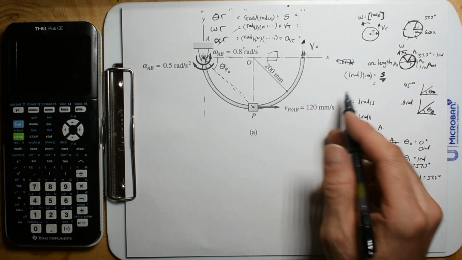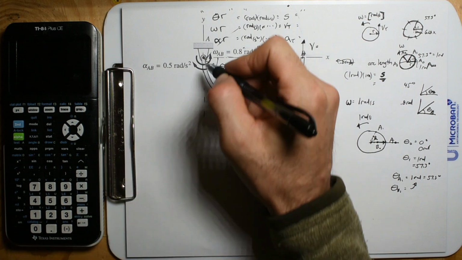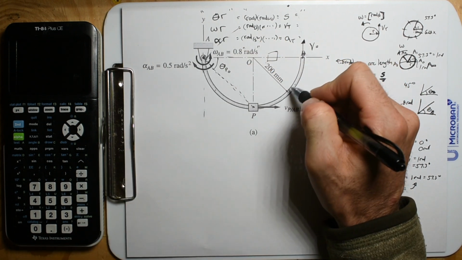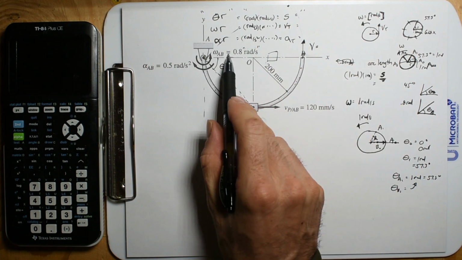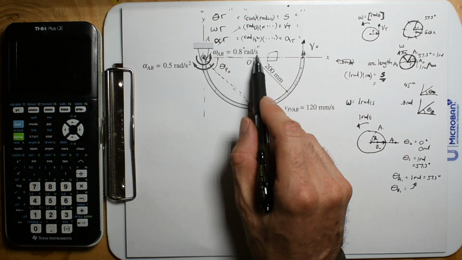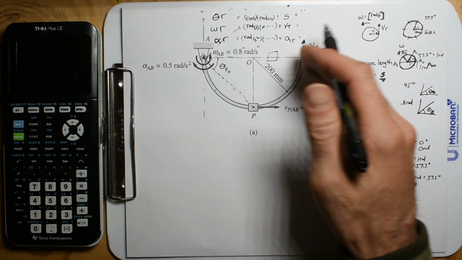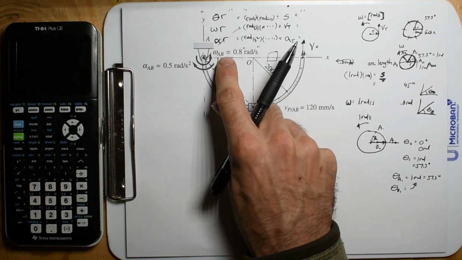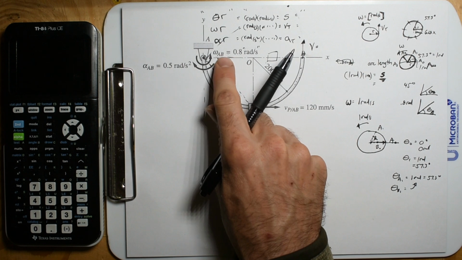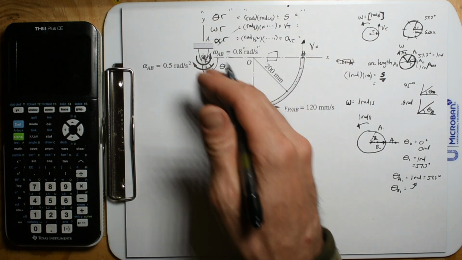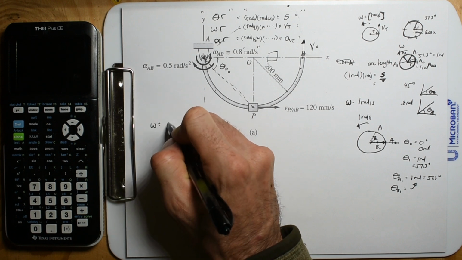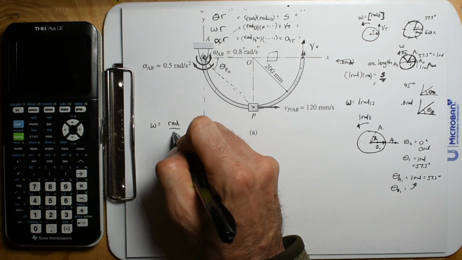That's kind of interesting: as long as this is a rigid body, every location on here, if it's going with an angular speed of 0.8 radians per second, is going to move through that angle. I think that's one of the most overlooked things when we're talking about angular speed: omega has units of radians per second.